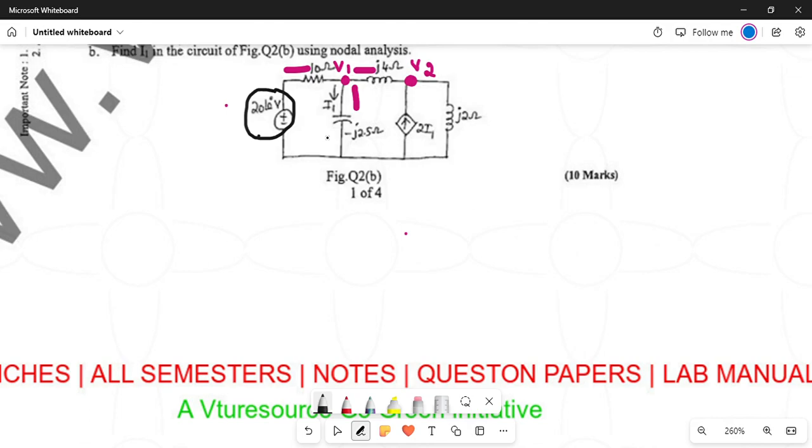Before calculating this, please keep your calculators in degrees. The angle unit of your calculator should always be in degrees to calculate 20 at an angle of 0 or any other that you get in the question paper. So here it is 20 at an angle of 0, which is 20.